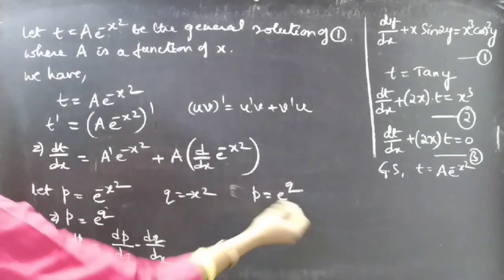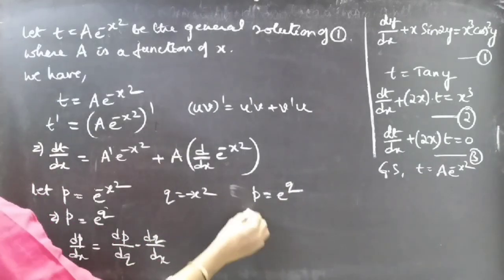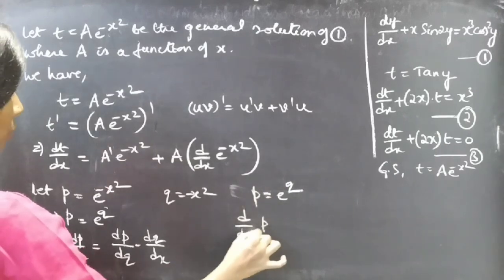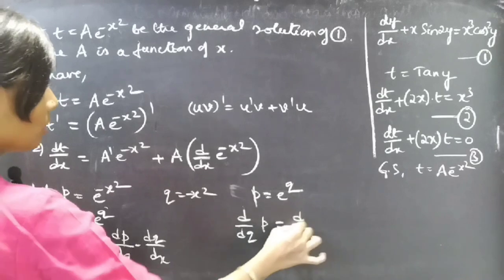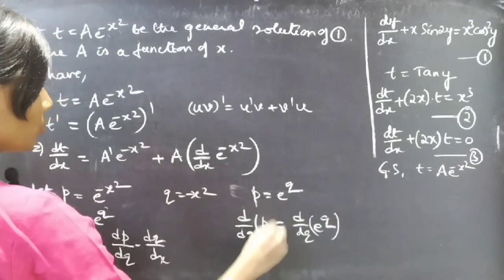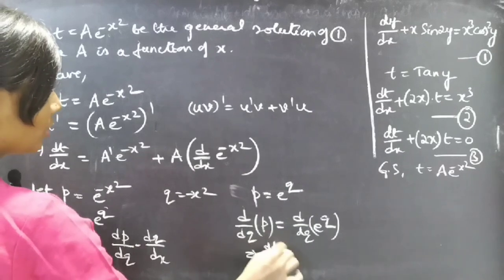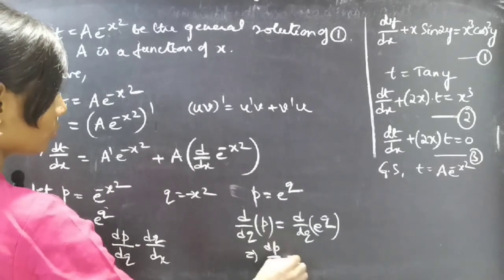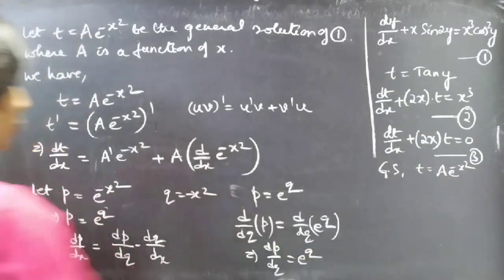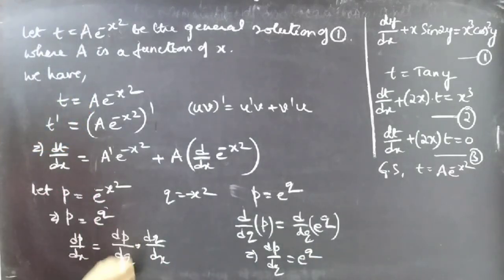E power q, let's differentiate on both sides with respect to q. Then we'll get dp by dq equal to the derivative of e power q with respect to q, which is e power q. So we got the value of dp by dq.